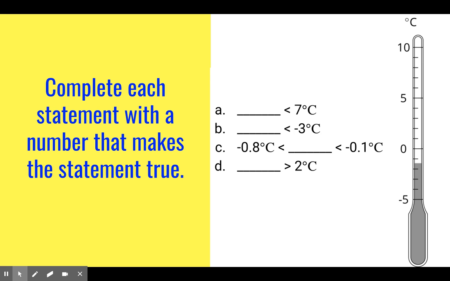When you get to letter C, we want to figure out a number that's going to be between negative 0.8 and negative 0.1. We'll give you about 1 minute to complete number 1, and then we'll come back together to work collectively.